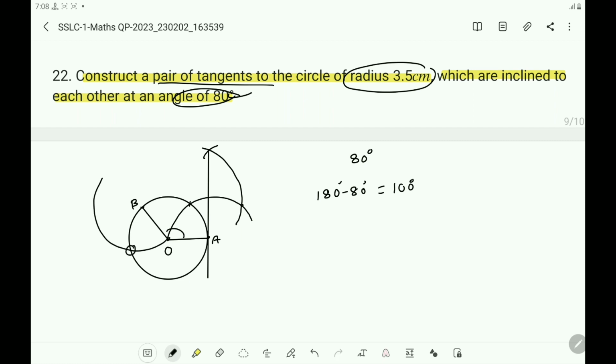Again you will get a point of intersection here. With that point, with the same radius, cut it up to this.